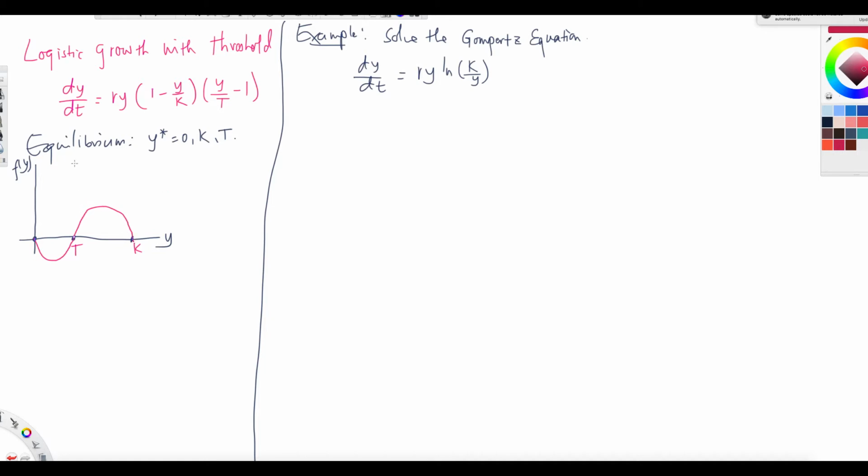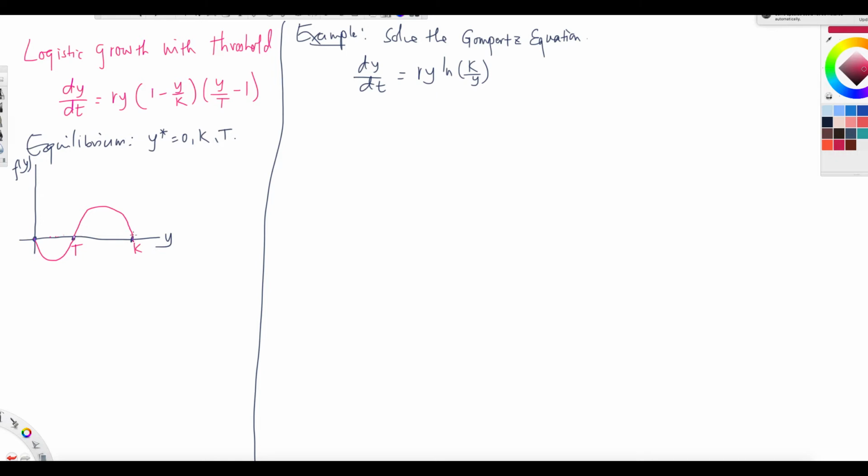If the value of y is between 0 and t, then y is less than t, and obviously less than k. So y over k will be less than 1, so that factor is positive, and y over t will be less than 1, so that factor is negative. At that time, dy over dt is negative, meaning f(y) is negative.